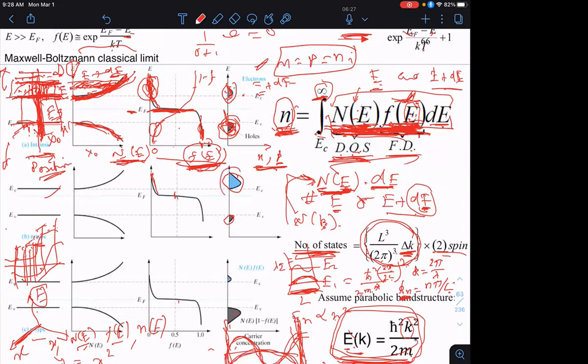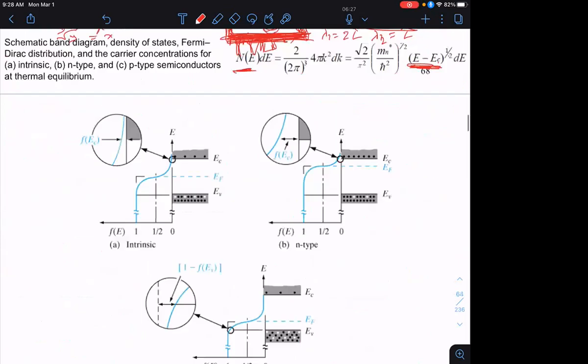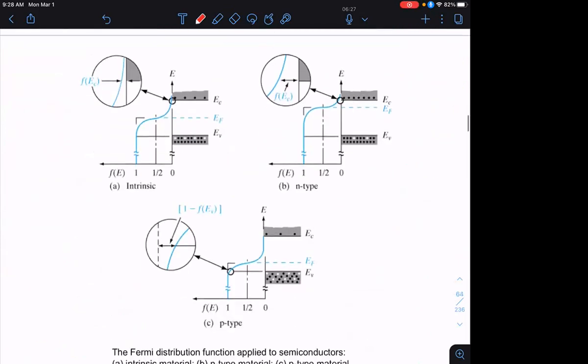And therefore, you end up getting a larger area under this curve corresponding to the number of electrons. But as F of E goes up in the conduction band, this mirror image figure, which is this 1 minus F of E, that tail will decrease in the valence band. Because if I shove this F of E term to higher energies, which is what happens in an N-type semiconductor, this tail will become smaller. And that's what I'm showing in the next figure in a magnified form.